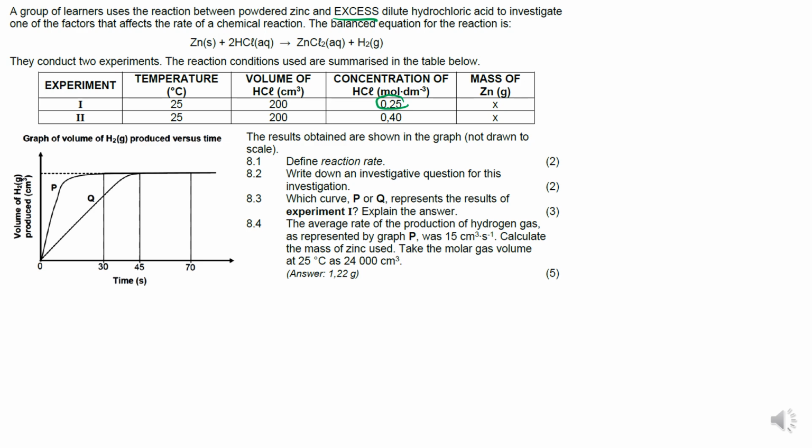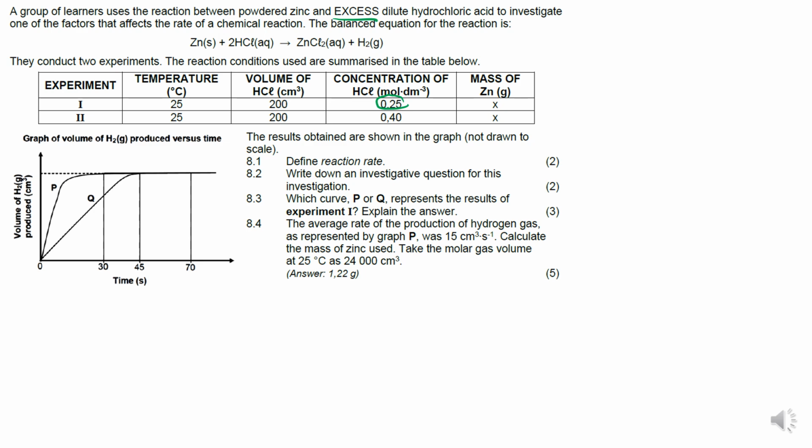So already you should be thinking that the one with the concentration of 0.4 moles per cubic decimeter should be a faster reaction, a higher reaction rate than the one of 0.25, right? That's the first thing. So always analyze before moving on.